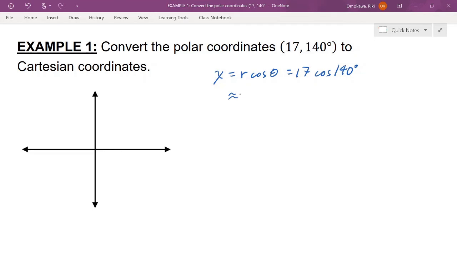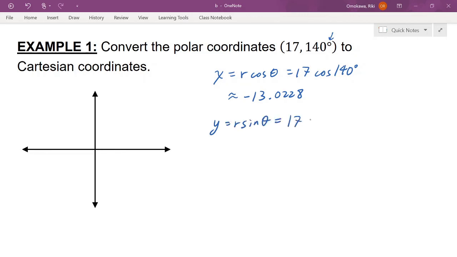Clearly, this problem is having us work with degrees. So don't forget to put your calculator in degree mode. And if you do put it in your calculator with the correct degree mode, you'll get around negative 13.0228. And then y is r sine theta.